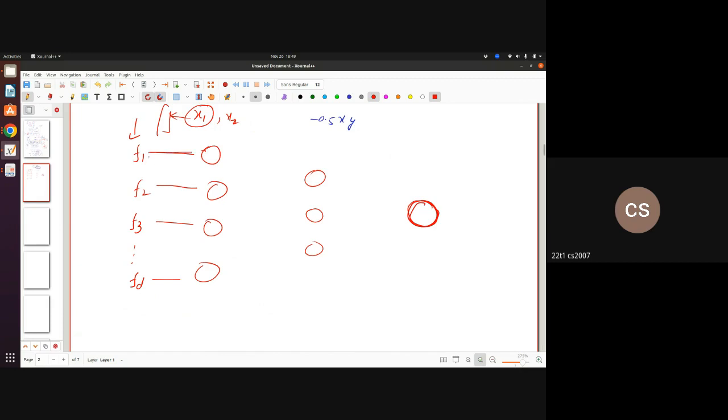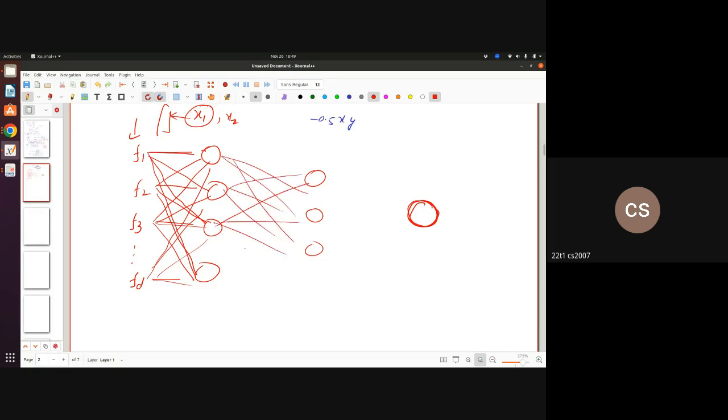This F1 will be connected. This is a fully connected one that we are talking about. There are several variants of neural networks. For now, we'll look at the fully connected one. F2 will be fed as an input to each of the neurons in the next layer, and so on and so forth, right? Again, this will be connected with all the further neurons, and this one will be connected here.